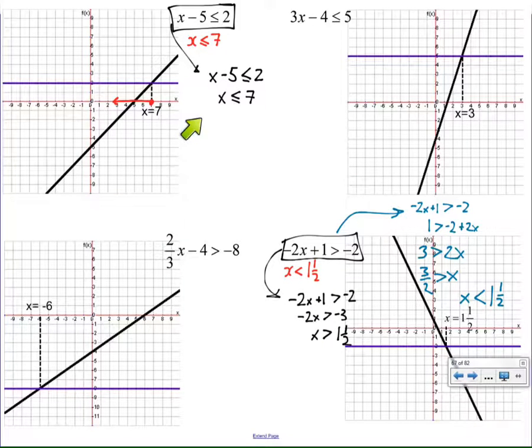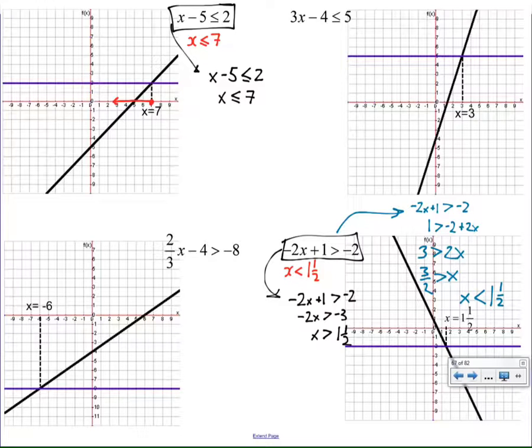The algebra for inequalities is virtually the same as the algebra for equalities, with one exception. When I solve this way and divide by +2, I get the correct solution, but when I solve this way and divide by -2, I get the incorrect solution. That creates the rule that whenever you divide inequalities by negative numbers, you reverse the inequality.